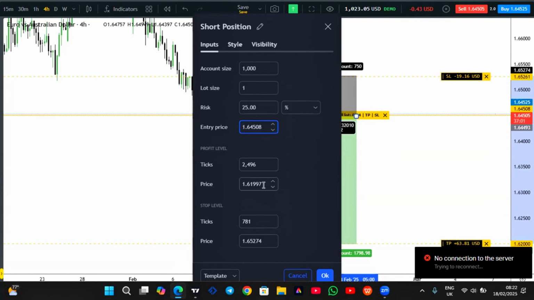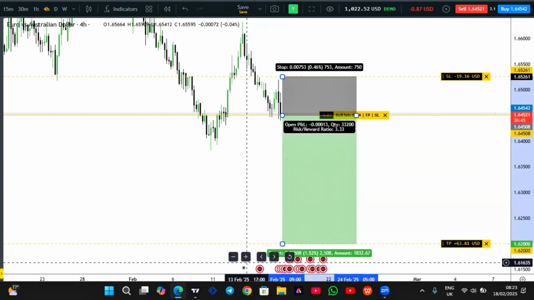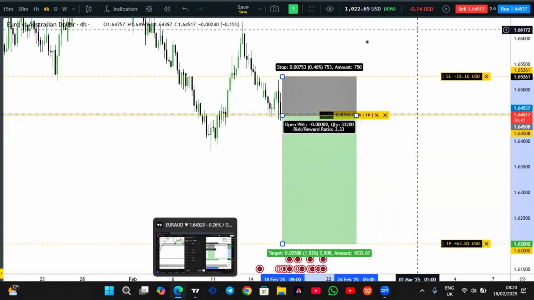Then profit 1.62000. Then stop loss 1.65261. Yeah, just to make sure that everything is aligned and everything is in order. Then I'll go ahead and lock this guy.